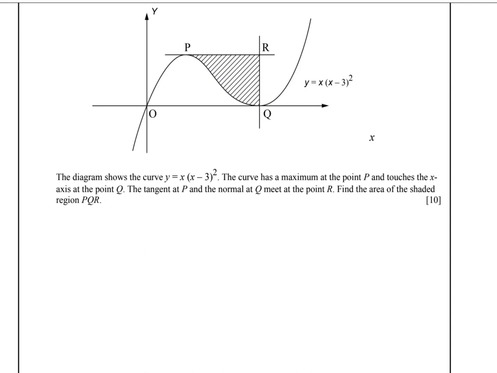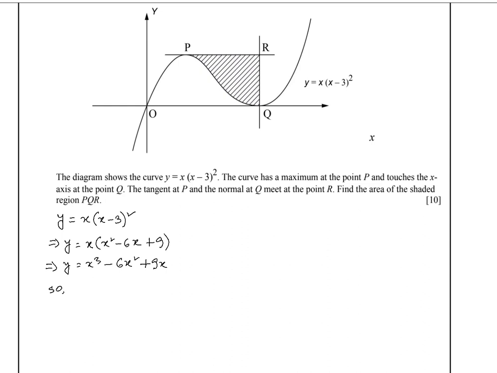So let's start. Let's write y equals x times (x minus 3) whole squared. Let's expand the (x minus 3) whole squared term. So in the next line we can write y equals x times (x squared minus 6x plus 9). Now in the next line we can write y equals x cubed minus 6x squared plus 9x.